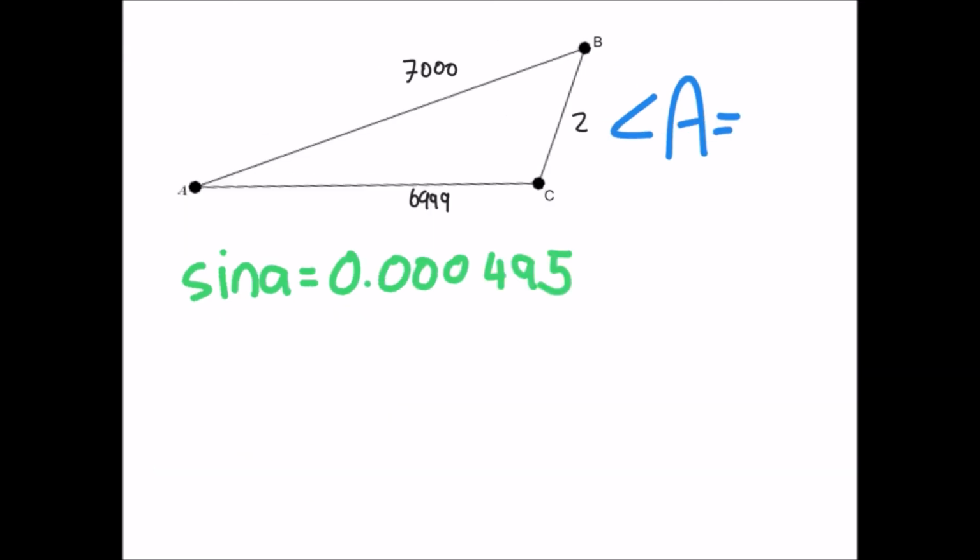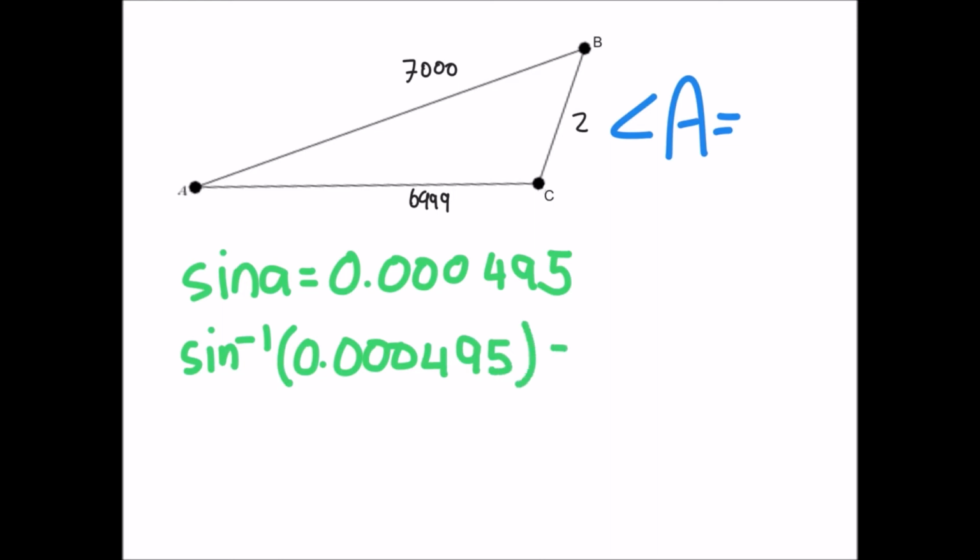Now that we have this value, we have to convert it to A. We can get rid of the sine by taking the arcsine of the answer. So arcsine of 0.000495, A is equal to 0.028 degrees.